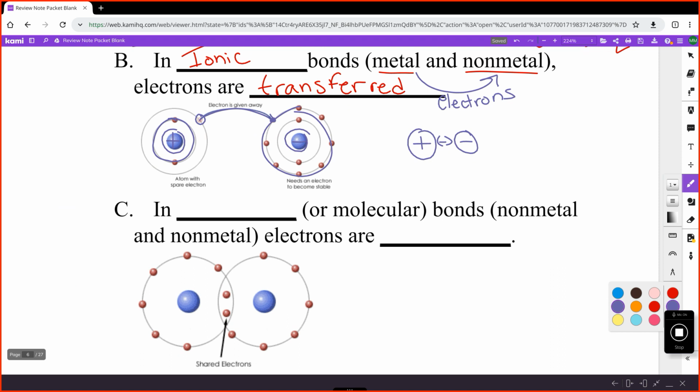The second type of main bond would have to be a covalent bond. These can also be called molecular bonds. This is between two nonmetals, so two things from the right of the table sharing electrons.